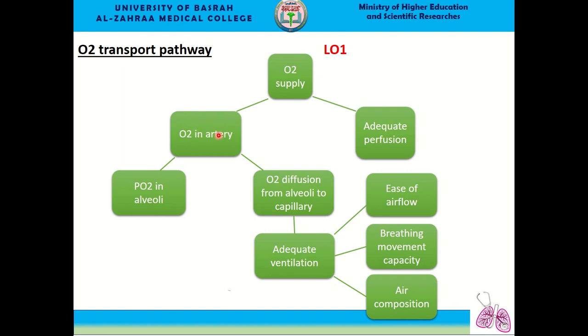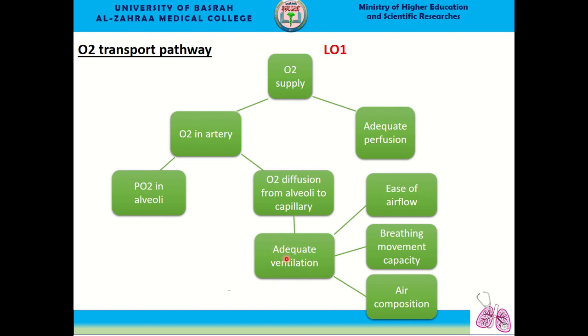And this oxygen in the artery depends on the partial pressure of oxygen in the alveoli and the oxygen diffusion from alveoli to capillary. And the oxygen diffusion from alveoli to capillary depends on adequate ventilation.